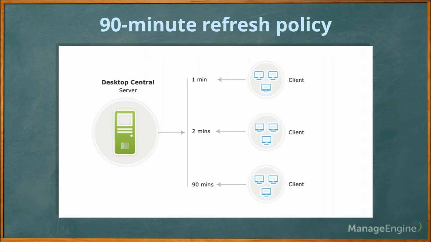And number two, the performance of the server is not affected under any circumstances. To be more precise, I would give you quick information about how this works in a 90 machines network. Say that we have 90 computers in a network. One computer will contact the Desktop Central server every minute.